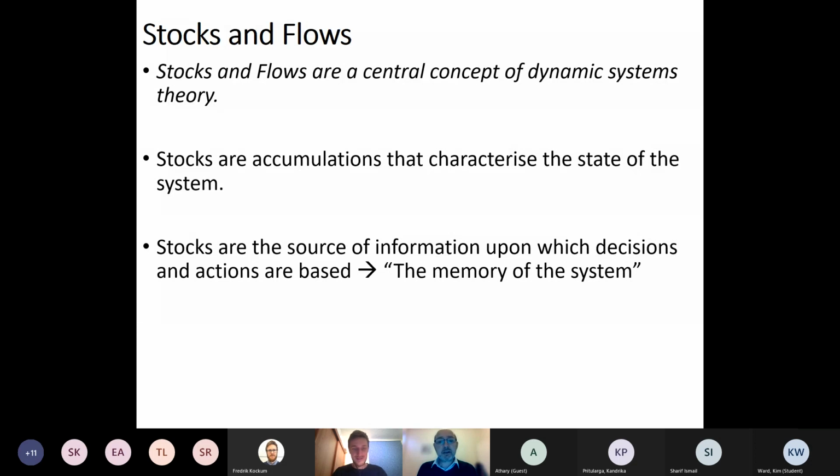The same happens with other systems. If you are thinking about population, the memory of the different birth and death rates is the number of people that live in a certain place, right? The memory of the system of all these actions that are captured in the flows are the accumulation, the final numbers that you have in terms of populations.